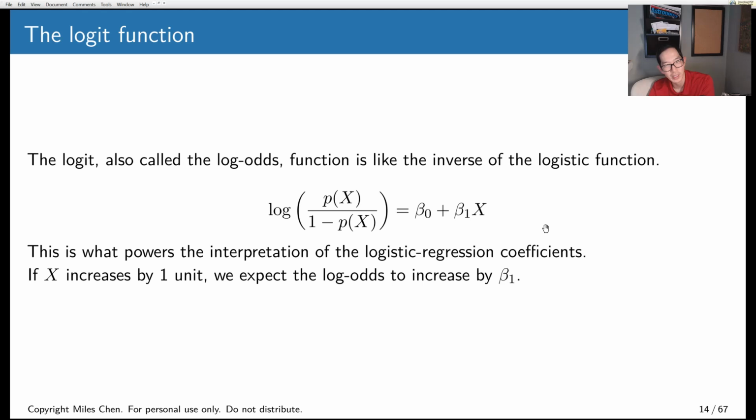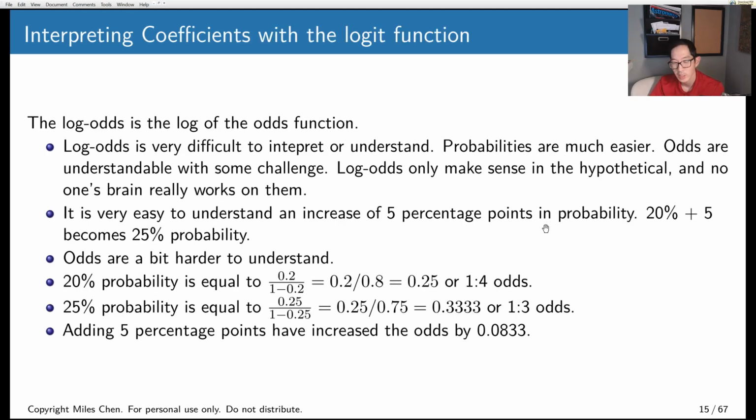Now, the log odds are a bit of a weird thing, but let me try to explain how log odds works. Probabilities are generally a lot easier to understand, and odds are kind of understandable.